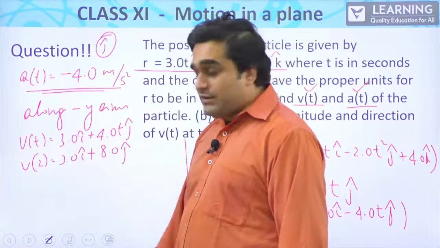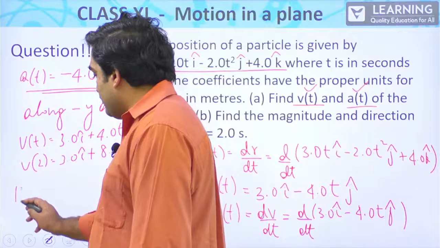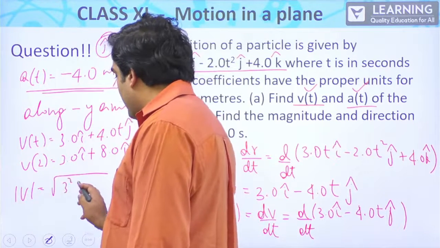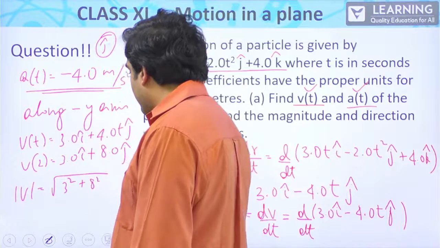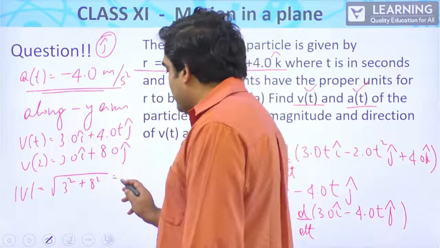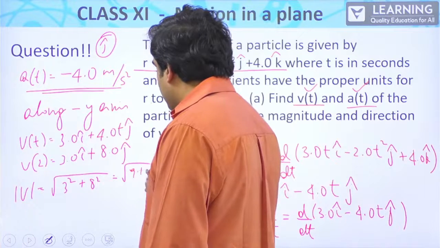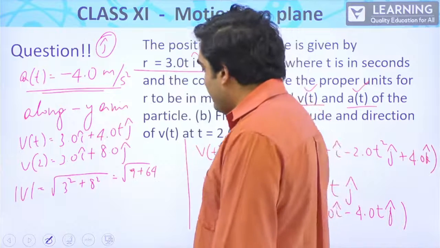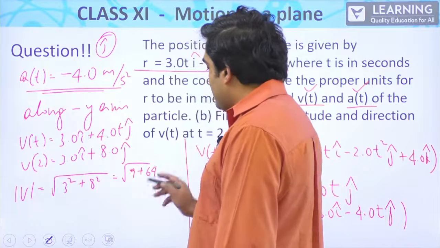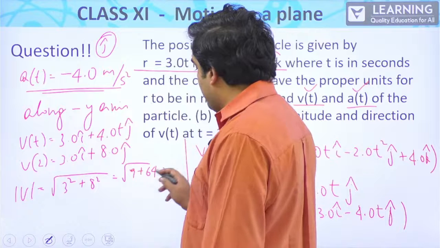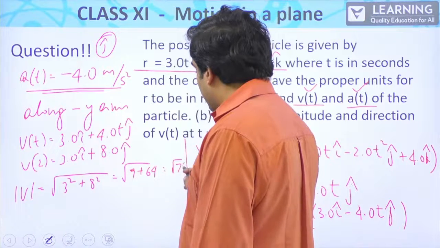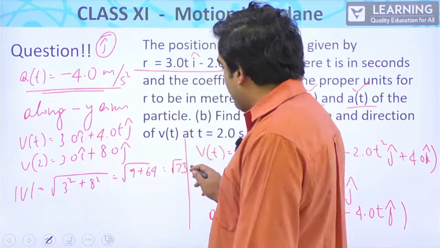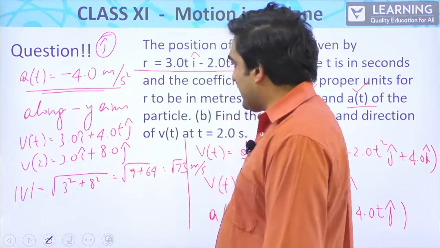Next, we have to find the magnitude. Magnitude of v is equal to square root of 3 square plus 8 square, which is equal to 9 plus 64, which is 73. So the magnitude is square root of 73 meter per second.